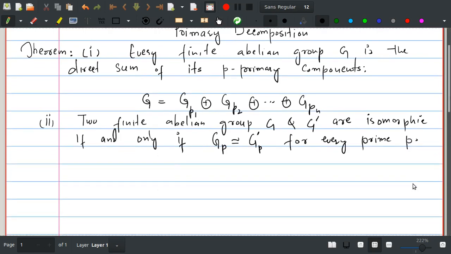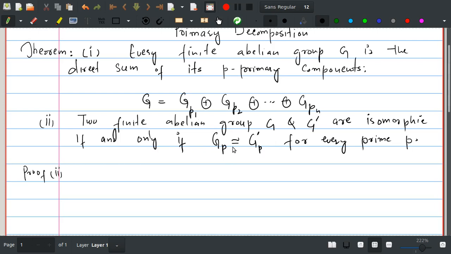This first item has been proved in the previous lecture. Now it remains to prove the second item. We first assume that these two groups G and G prime are isomorphic, then we'll prove their p-primary components are isomorphic.